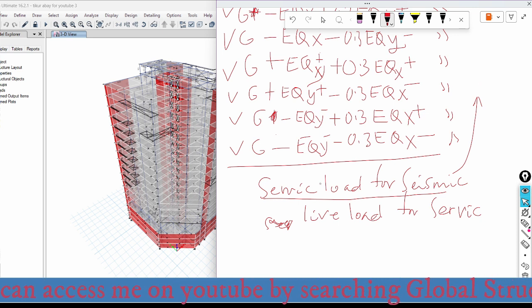That means I collected all the permanent loads, that means G, combined with the variable loads.